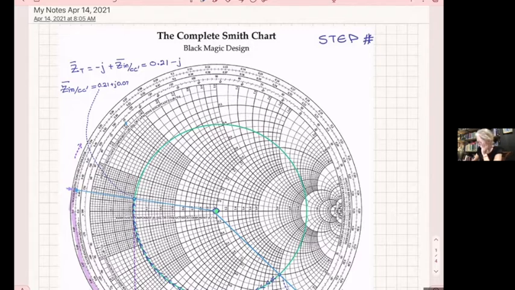How much does it make it? Is it 1 minus 0.07 will make it 0.93. Yeah, 0.93, excuse me.